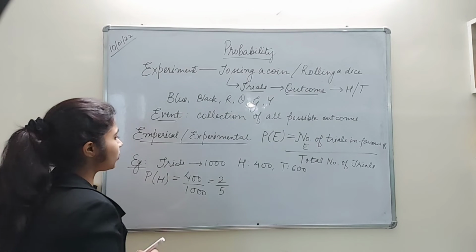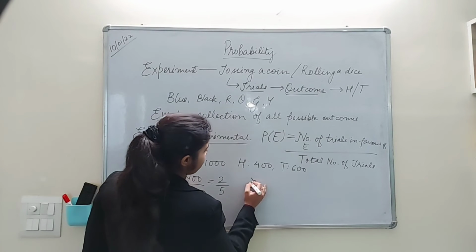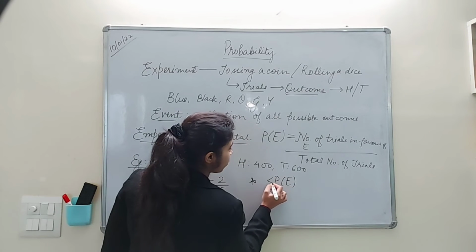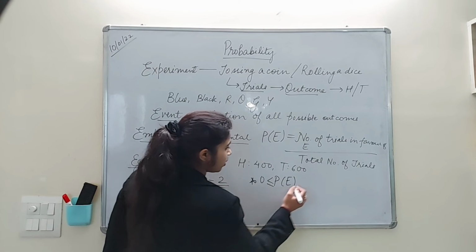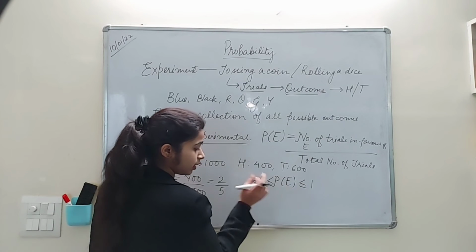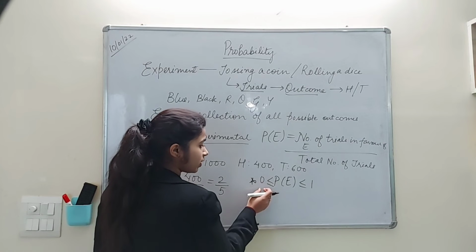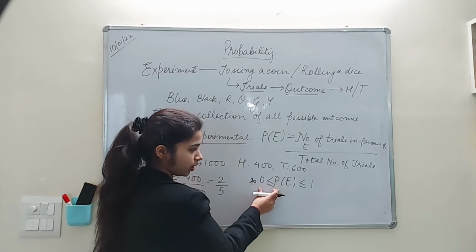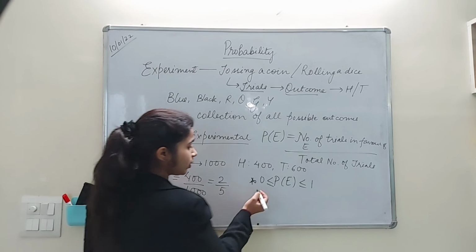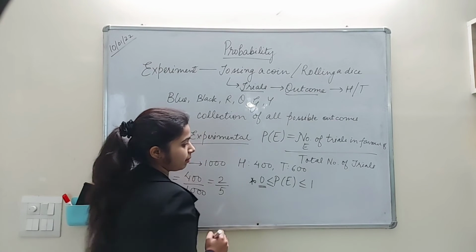Now one thing that we should pay attention to is that the probability of any event is always greater than or equal to 0 and less than or equal to 1. That means the probability will always be greater than or equal to 0, and it will always be less than or equal to 1. If the probability of an event is 0, what does that mean?